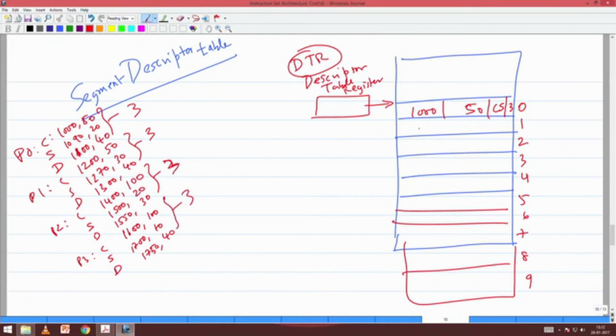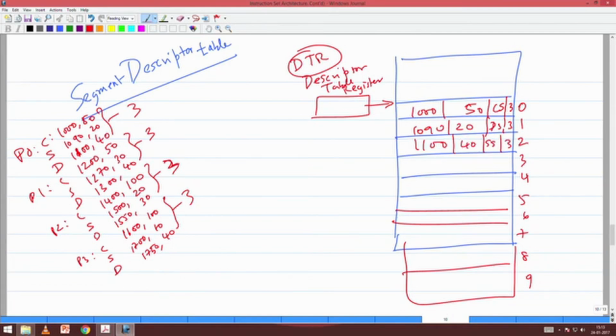Then it will create another entry, 1090, 20, and this will say this is a data segment with privilege 3. Then it will say 1100, 40, stack segment, and then 3, okay.